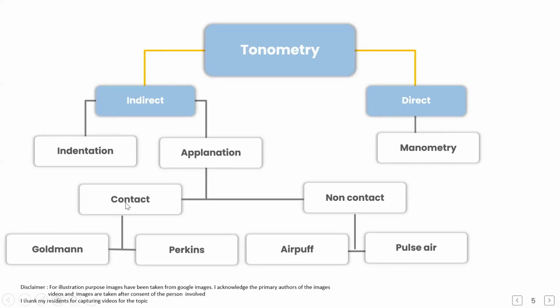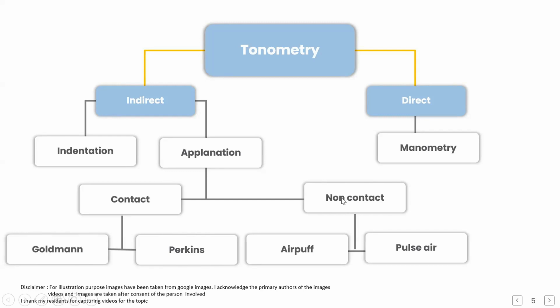In that, we have something called contact and non-contact. In the contact method, we have the Goldmann, which is the gold standard for measuring the intraocular pressure, and it is attached to the slit lamp. Whereas Perkins is also an applanation tonometer, but it is a handheld tonometer. You can carry it around and use it in the OPD, wards, or ICU.